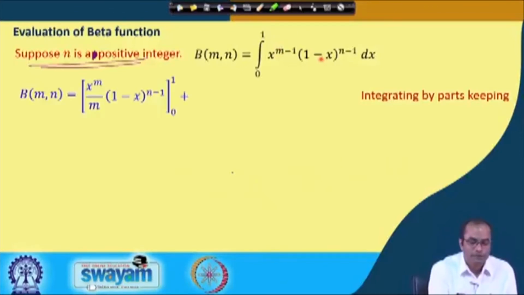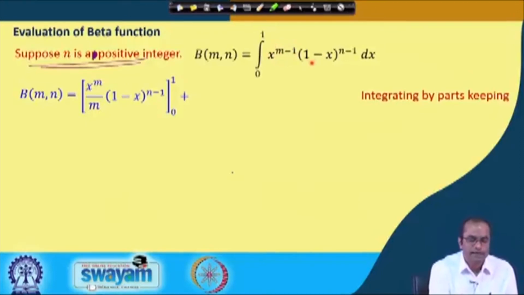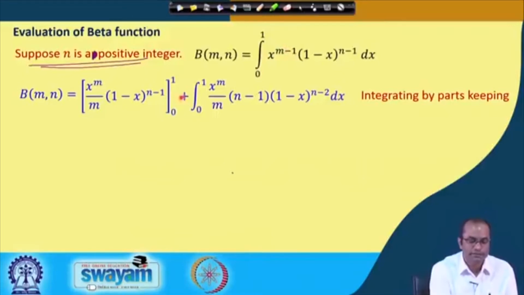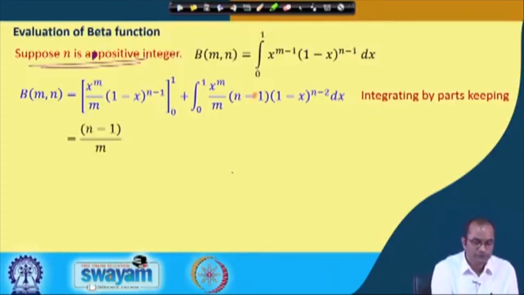So, the integral of x^(m-1) is x^m divided by m, and the other part will remain as it is: (1-x)^(n-1), with the limits 0 to 1, plus the integral of x^m divided by m, and then we have (n-1)(1-x)^(n-2) dx, where the minus sign is compensated. So, this is n minus 1, divided by m.